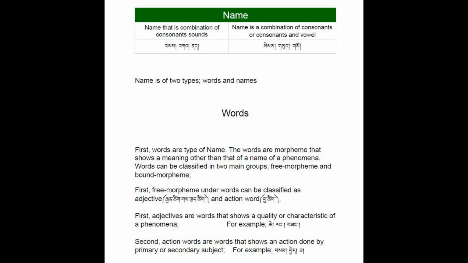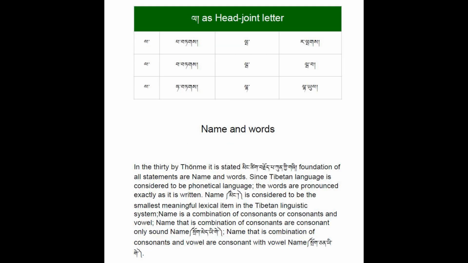So you see that there are two names: name with the lowercase, and name with the uppercase, which we will be studying in this text. The uppercase Name is a bigger group, under which we have words and name with the smaller or lowercase n.